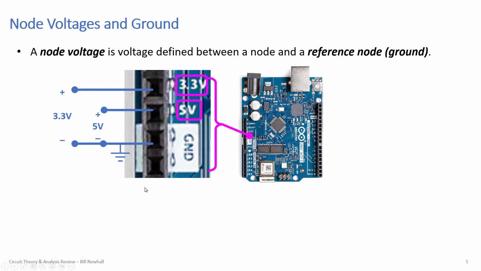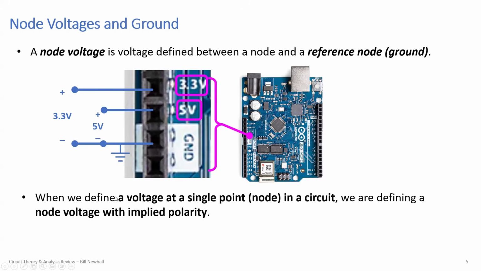So when you see a circuit and voltages are called out for a single point, remember, voltages are always between 2 points. There's always going to be a ground if you have a single point with a voltage called out. When we define a voltage at a single point, we're defining a node voltage implicitly, and it has an implied polarity.